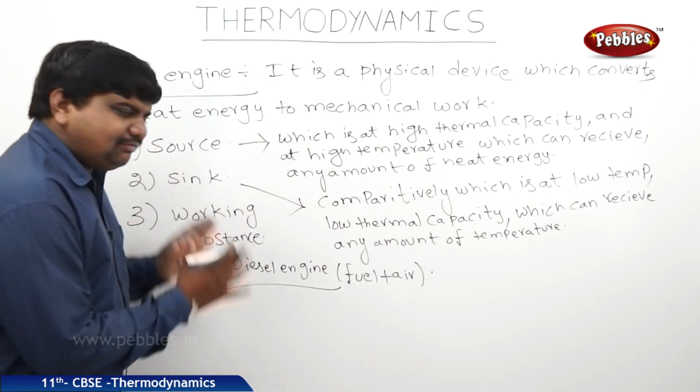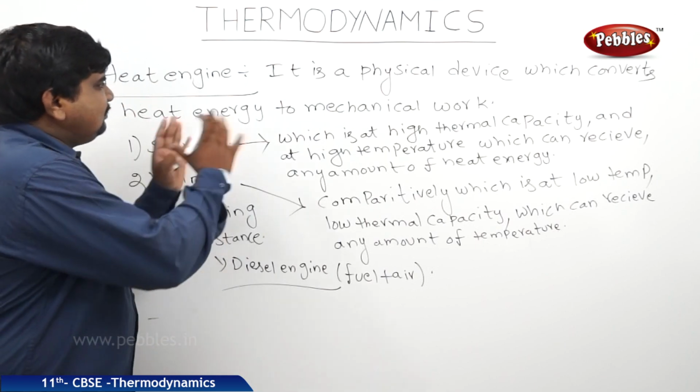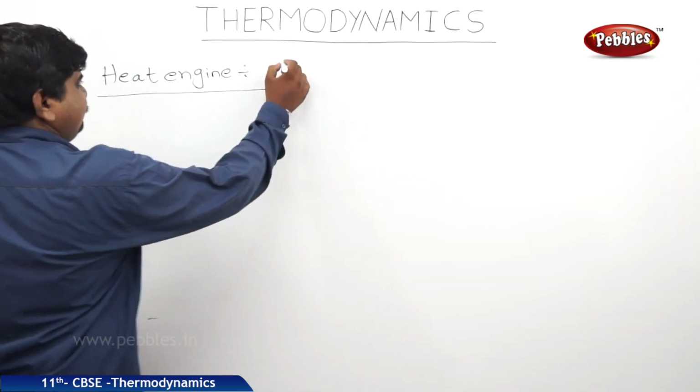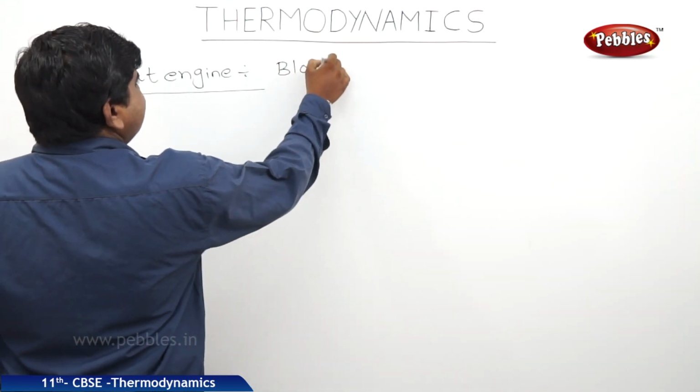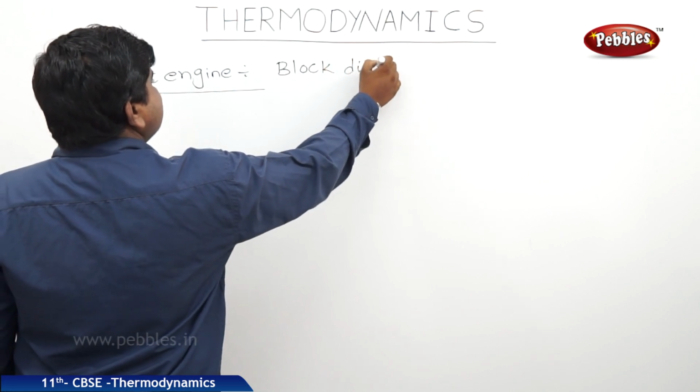Now we will see graphically the functioning of this heat engine. The block diagram of a heat engine is like this.